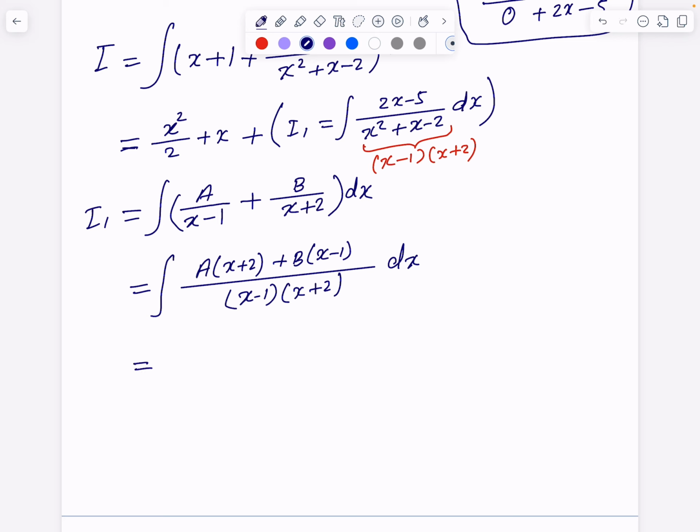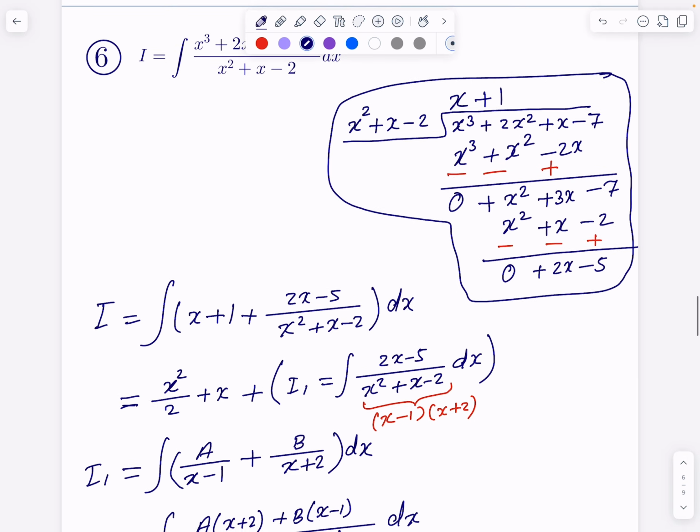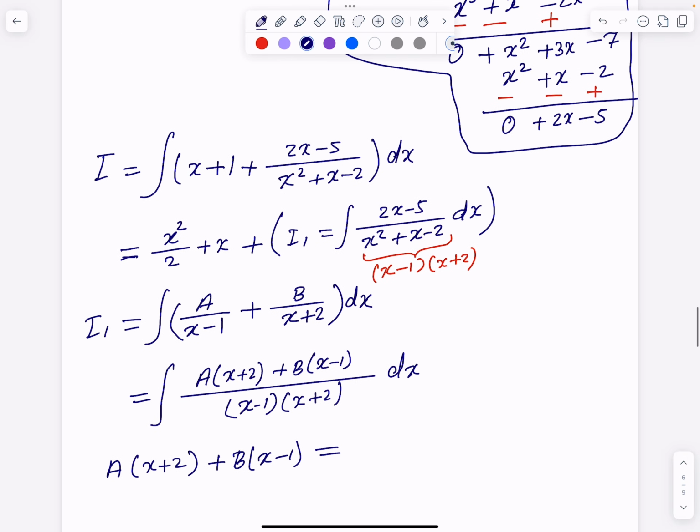So we're going to have A times x plus 2 plus B times x minus 1 equals 2x minus 5, which is this one.